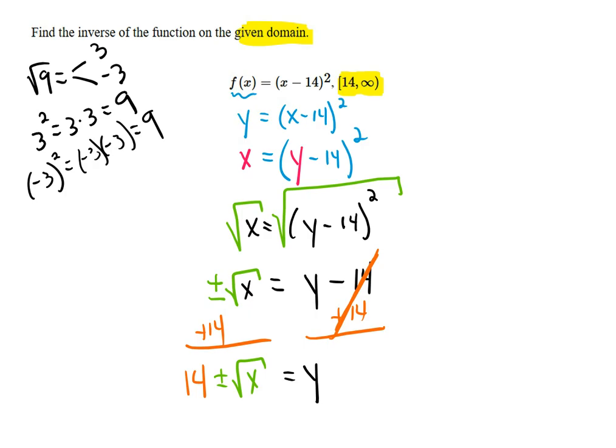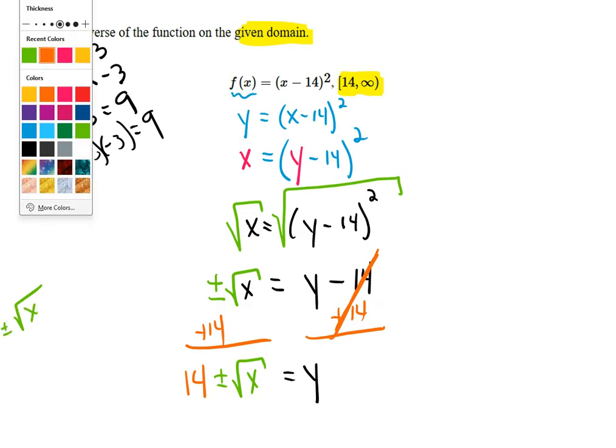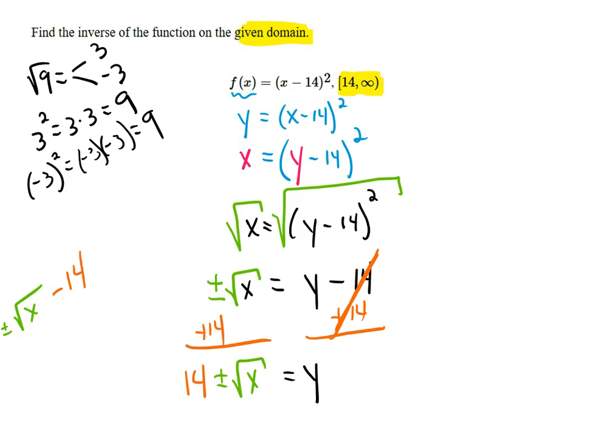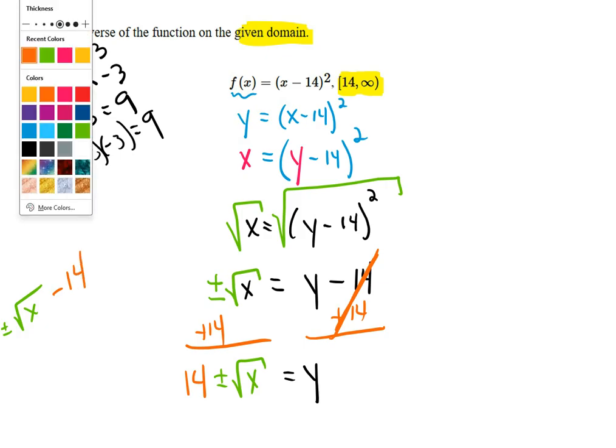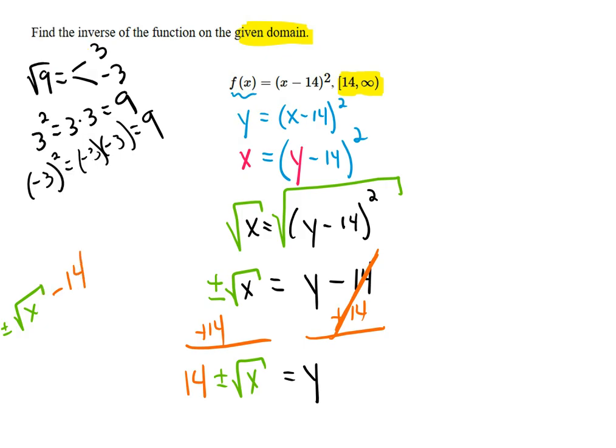You could write plus or minus the square root of x and then minus 14. But unless you're really careful and you make sure you cut off that square root sign, it might look like it's the square root of x minus 14. So if the 14 is not under the radical, algebraically, it's better if you stick it out in front.